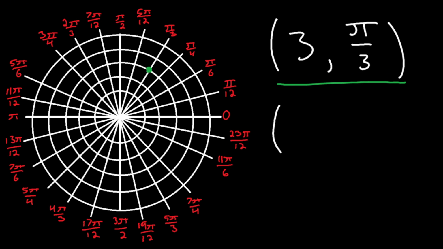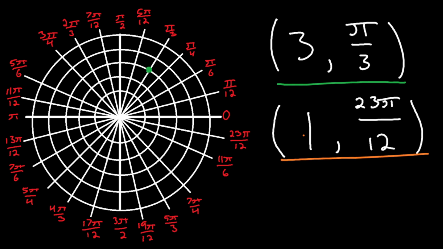All right, let's try another one. Let's try (1, 23 pi over 12). Try it out yourself. So what we can actually do is look at the first ring. Remember, the magnitude we're looking for is 1.